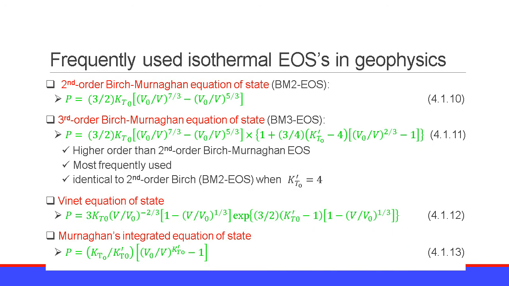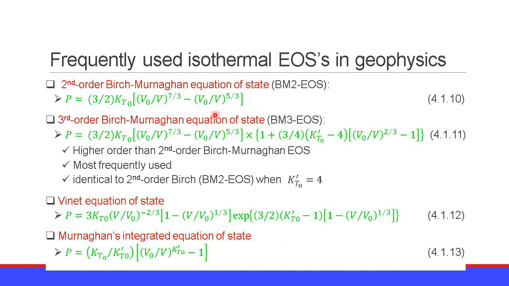This slide summarizes frequently used isothermal equations of state in geophysics. The first one is the second order Birch-Murnaghan equation of state, which has this shape, and next is the third order Birch-Murnaghan equation of state, which has this shape, and the third one is the finite strain equation of state, and the fourth one is Murnaghan's integrated equation of state.